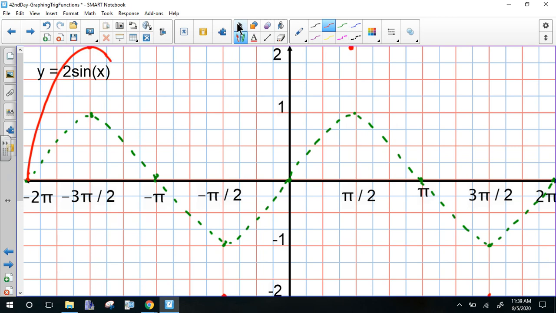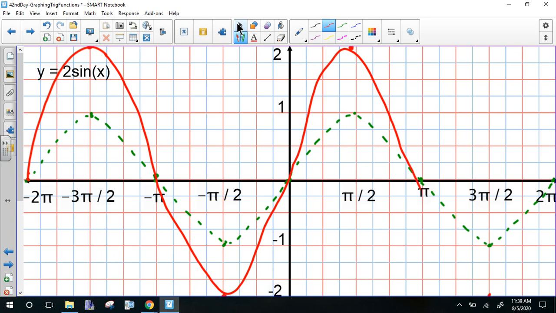Let's see if I can get this right. Okay. So the red line is y equals 2 sine of x. It stretches it up and down longer. So that's what amplitude does to a graph.